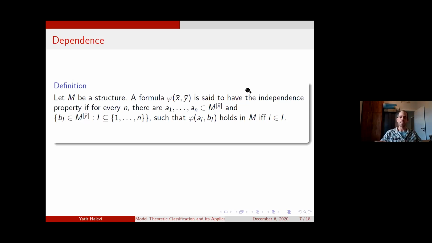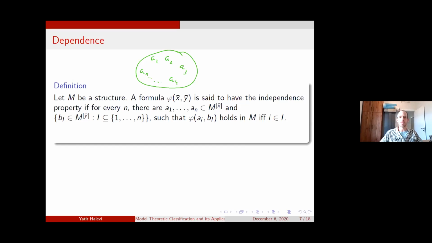What does it mean? Okay, like most things in life, once you draw it, you know what it means. So we have a finite set. These are our elements. And now you choose any subset of these elements. Say you choose a_2 and a_3.